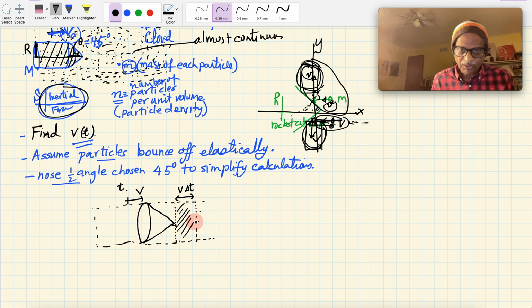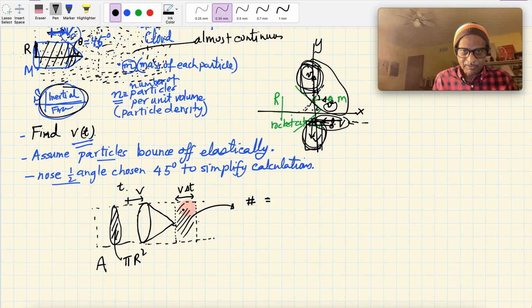So we need to figure out how many particles are here, and their momentum is what the change of momentum will be. The number of particles here should be equal to the volume. If this is the area of cross section, this is pi r square, which we call the projected area.